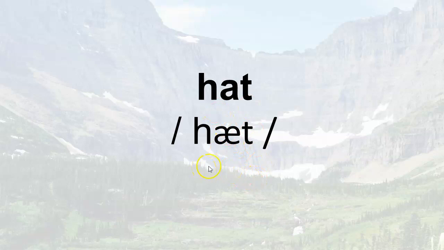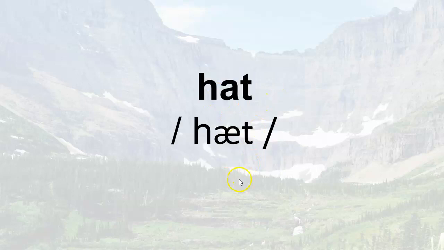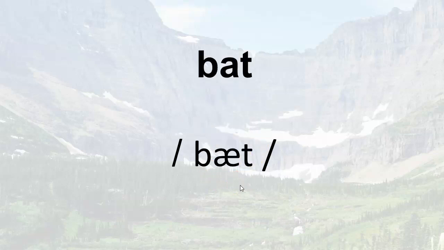If you're remembering that this vowel sound is a, you're going to pronounce your American English words correctly. Over here we have cat, and here we have hat. Let's try another word.